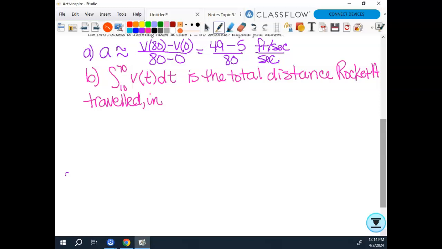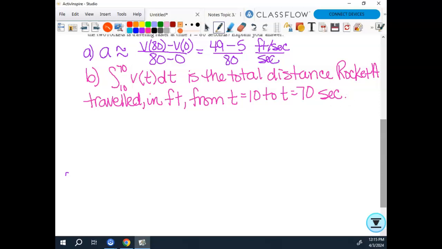If I have how far I have traveled, what would the unit be? It would just be feet. Okay. So the total distance rocket A traveled in feet from t equals 10 to t equals 70. What are the units on our time here? Seconds.